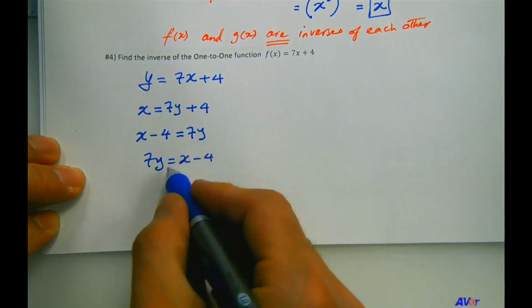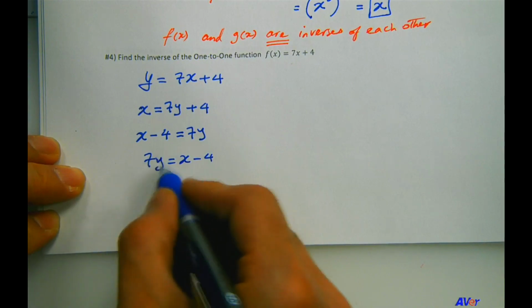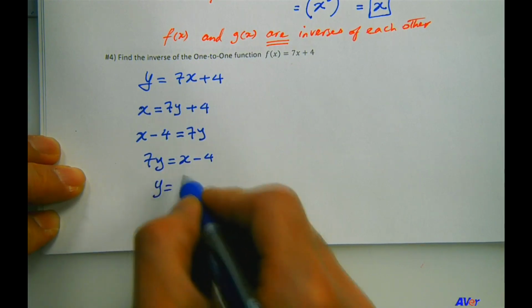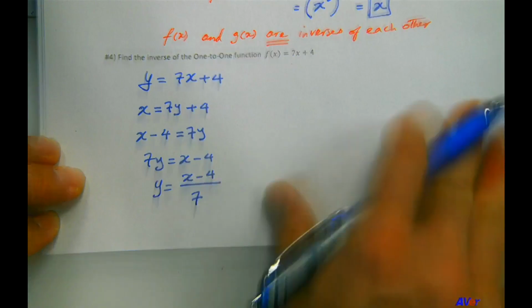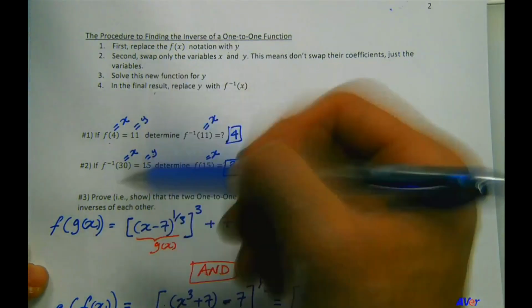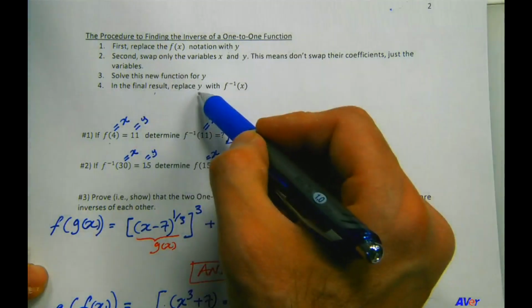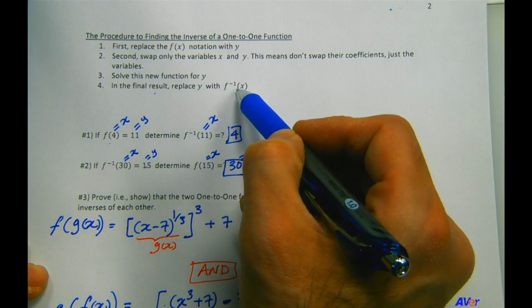Visually it makes more sense to me, and books are written that way too. Okay, so now to solve for y, all we have to do is divide both sides by 7. So y equals x minus 4 over 7. So we've solved for y. Then what we need to do? It says number 4, in the final result, which we now have, replace y with inverse of f of x notation.